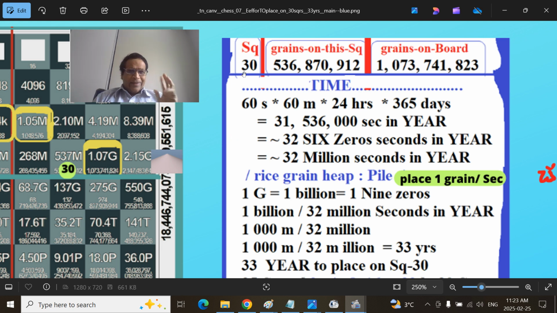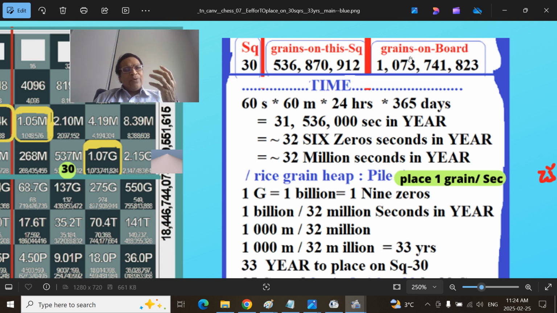So this is the square 30. There are two things here. On the square 30, the grains on this particular square are, let's say, 536 million. Million means 6 zeros, right? You round up the number. At that stage, if you count from 30, 29, 28 until 1, and pull all the grains together, that will be just double. That is, you will have 1 followed by 9 zeros, that is the big billion grains or giga grains present.